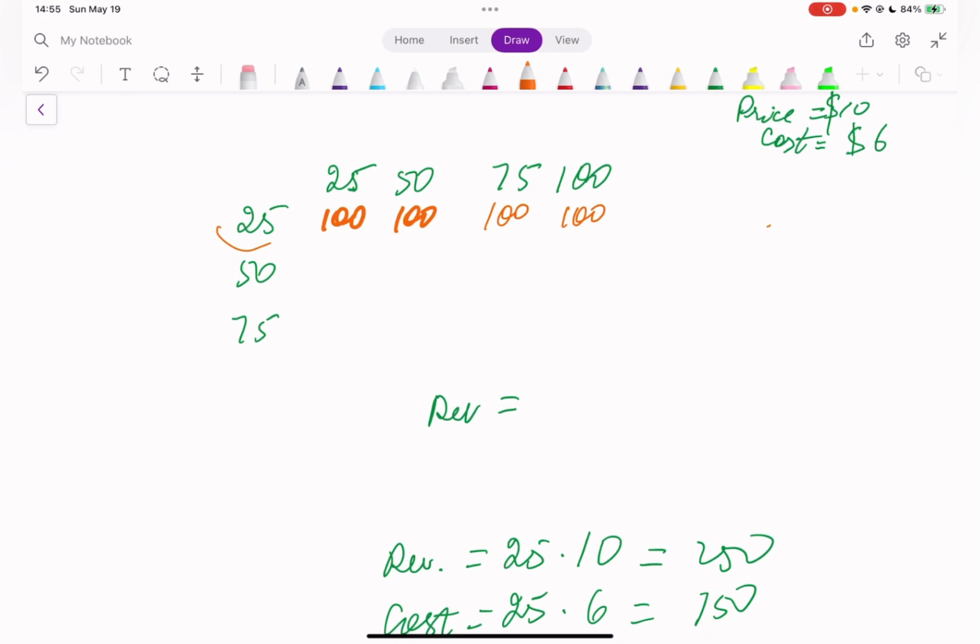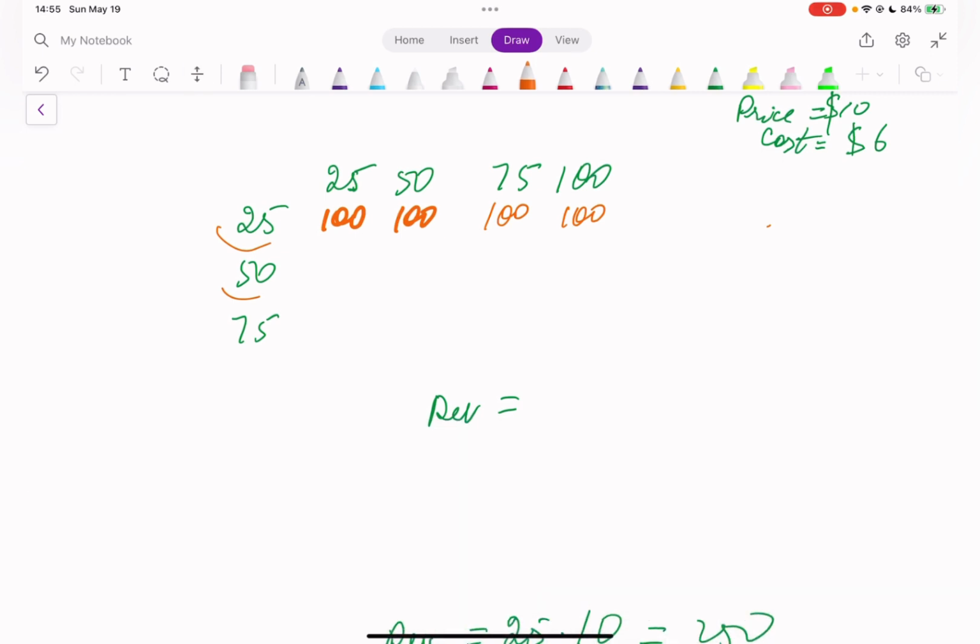All right. Now let's do 50. 50 supply and 25 demand. Here supply is prevailing over demand. So revenue is going to be 25, although we have 50, because demand is 25. 25 times 10 is 250, but for cost we have 50. 50 times 6 is 300.